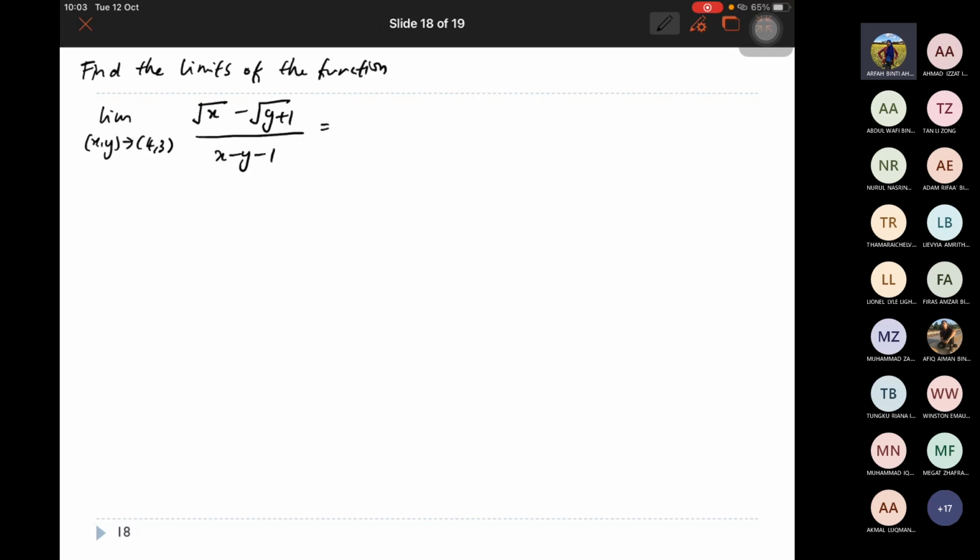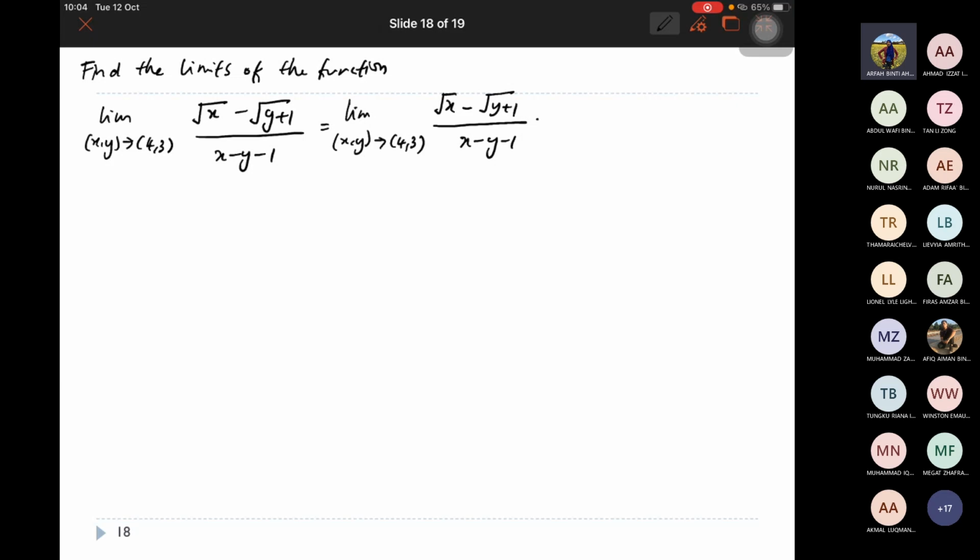So daripada sini kita boleh ambil the limit of xy approaches 4, 3 square root x tolak square root y tambah 1 dibahagi dengan x tolak y tolak 1.